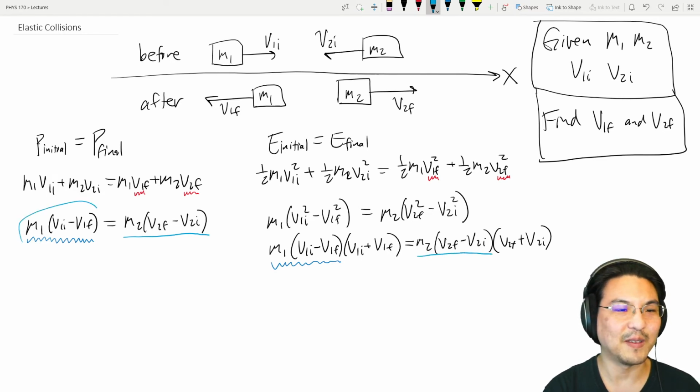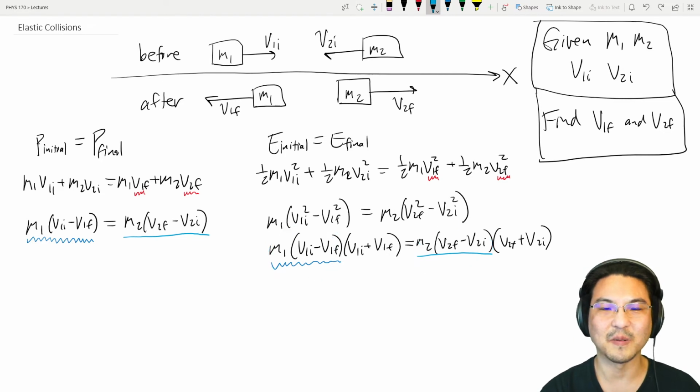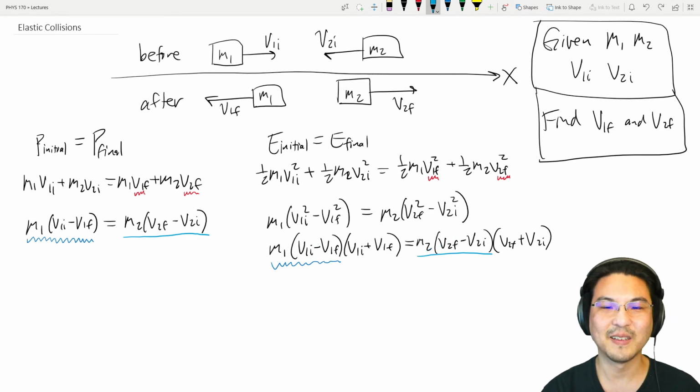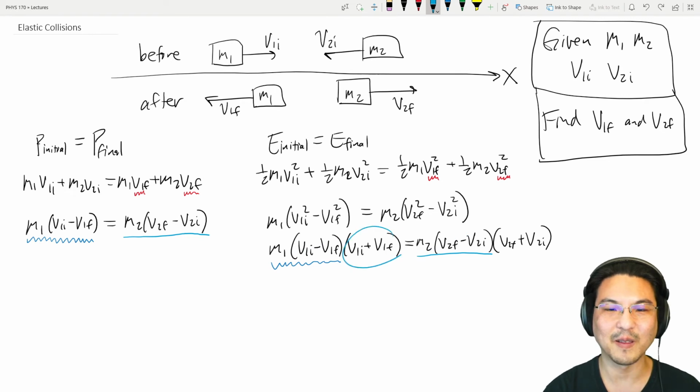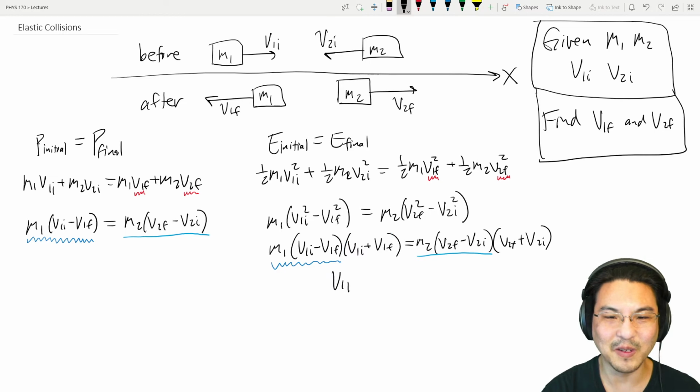So look, if these are equal and they're non-zero, you can cancel them. You divide through by the same non-zero quantity, which leaves us with the leftovers: v1 initial plus v1 final, and v2 final plus v2 initial.